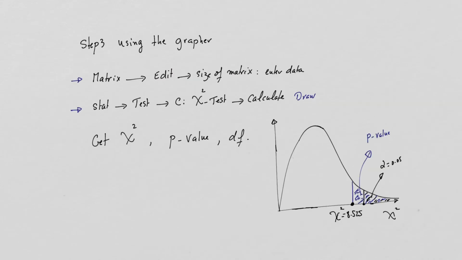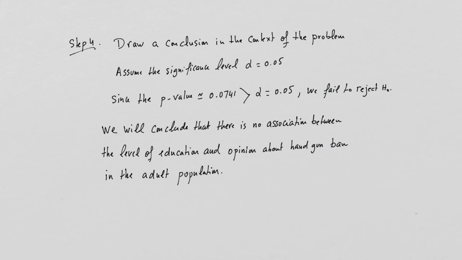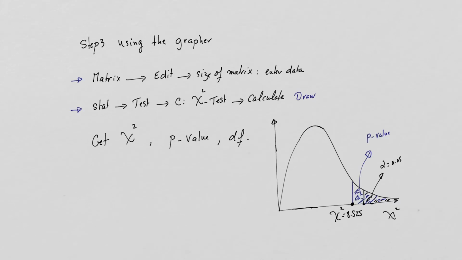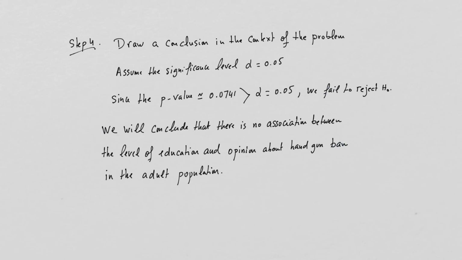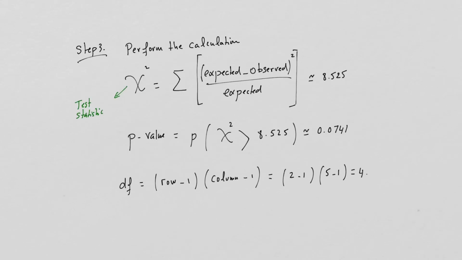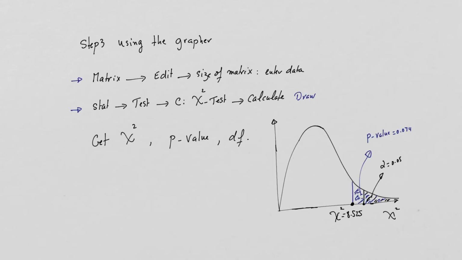So if my significance level, if my cutoff is 5%, which is smaller than 0.07, right? So this blue area is 0.0741.